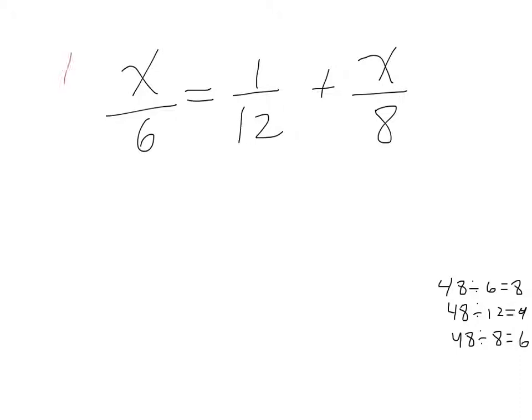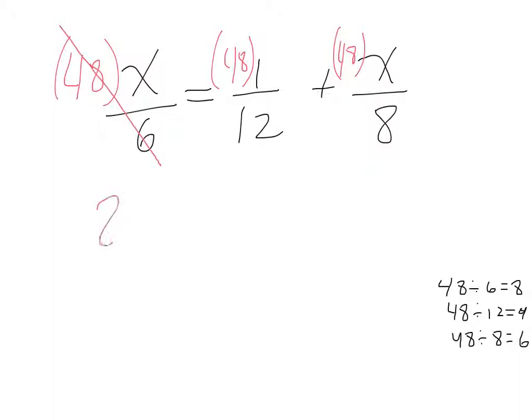So I'm going to times everything by 48. Okay? So now what do you think I have to do? So I'm going to simplify by doing 48 divided by 6. So only the 8 is left over.